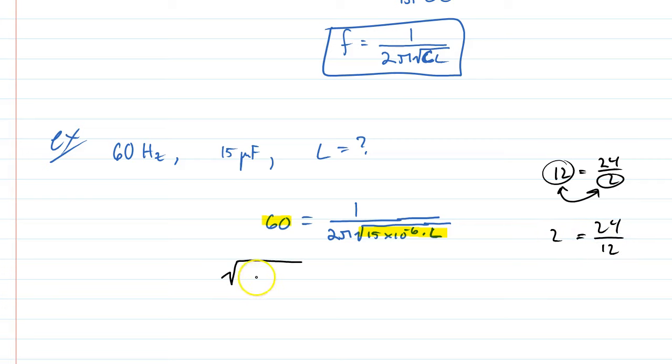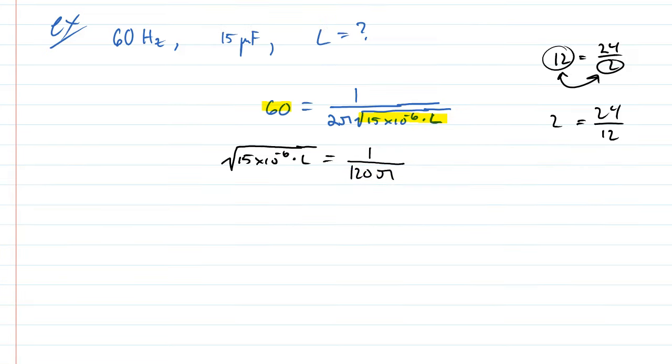The square root of CL equals 1 all over, now it would be 2 pi times 60. So I'm going to write 120 pi here. Alright, the next step here is to square both sides.